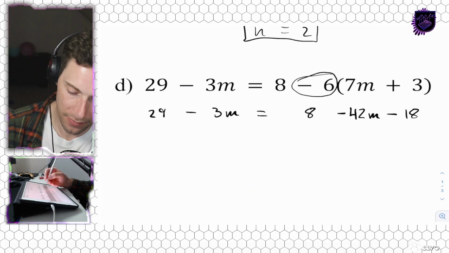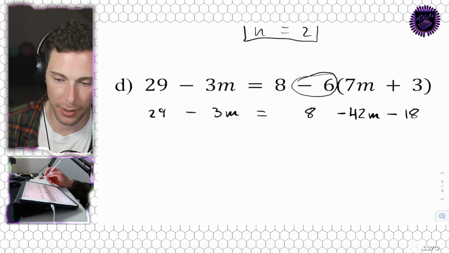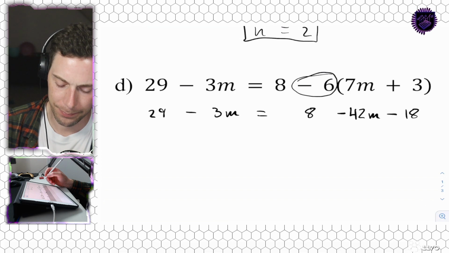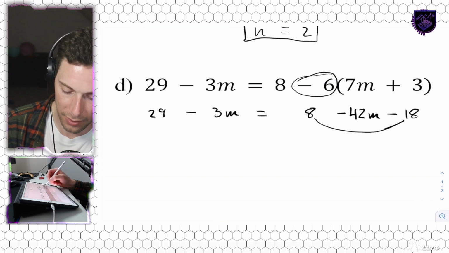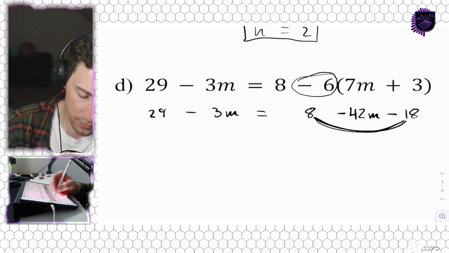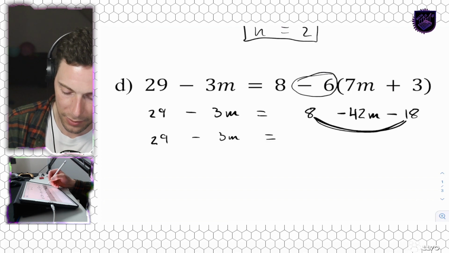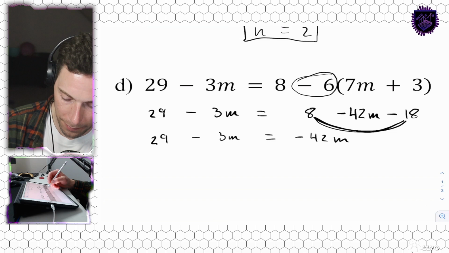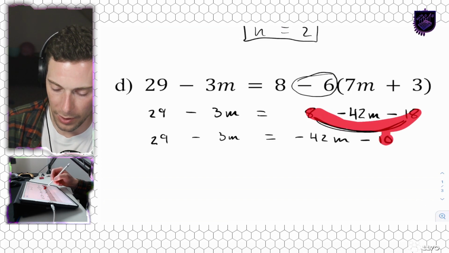So let's start to combine our terms. Let's get our terms ready to combine. Let's go next step and combine these two terms here. So we're going to go 29 minus 3m equals minus 42m minus 10, right? Because these two create this one, minus 10.